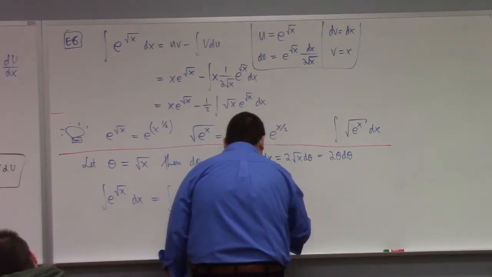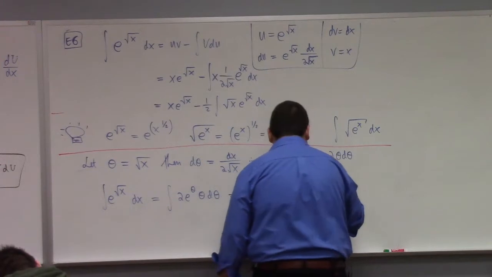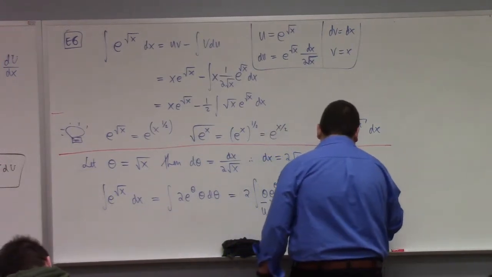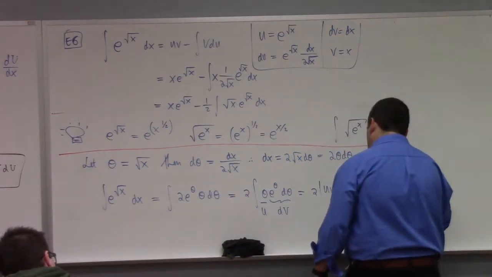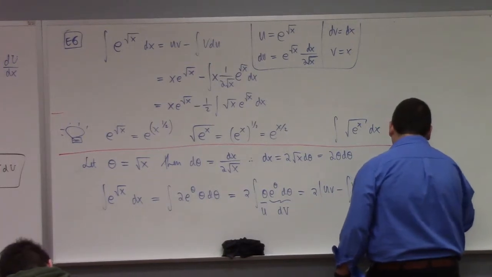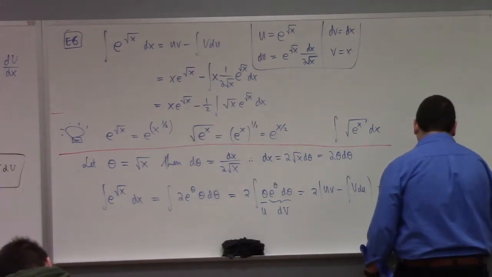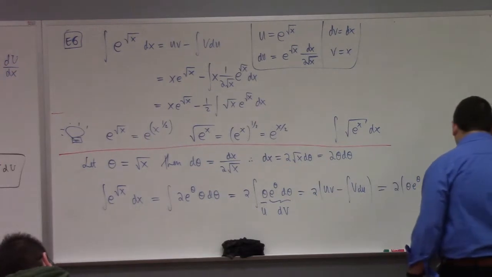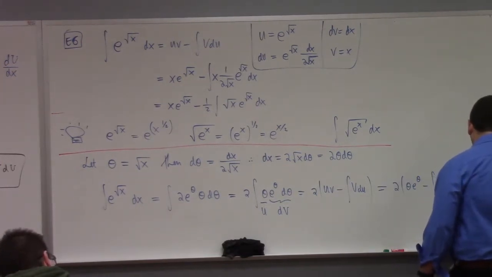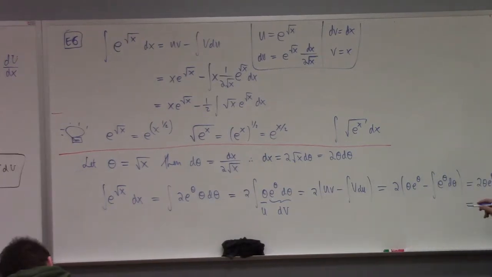I let theta be my u. I get 2 times uv minus integral of v du, which is 2 times theta e to the theta minus the integral of e to the theta d theta. So we get 2 theta e to the theta minus e to the theta plus a constant. And then unsubstituting, that is 2 square root of x e to the square root of x minus e to the square root of x plus a constant.